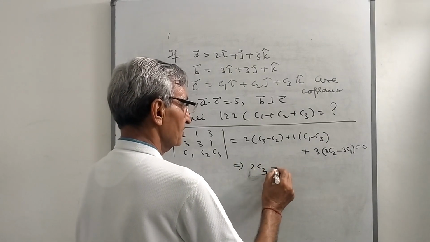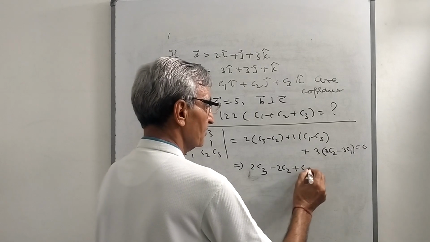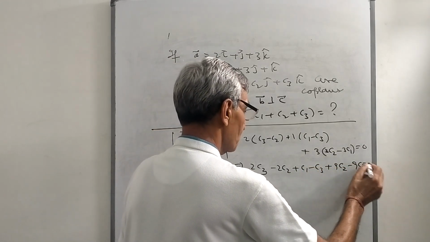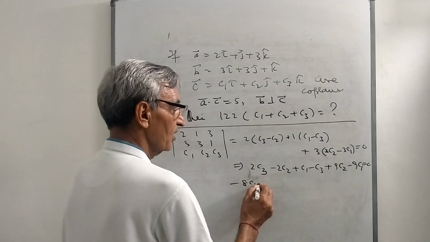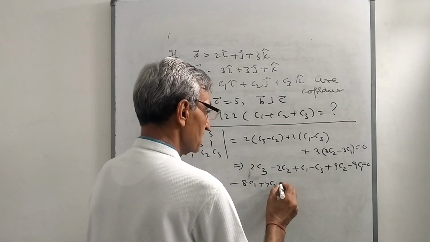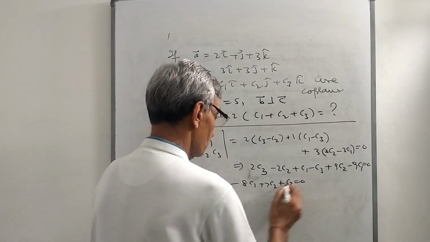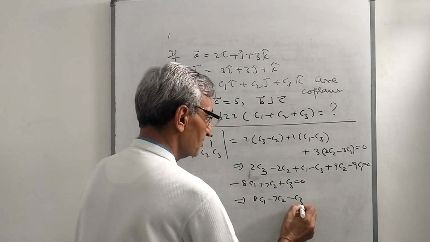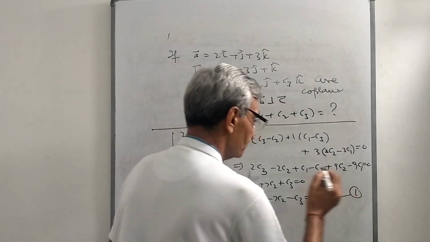That is 2C3 minus 2C2 plus C1 minus C3 plus 9C2 minus 9C1 is equal to 0. So 8C1 minus 7C2 minus C3 is equal to 0. This is the one equation.